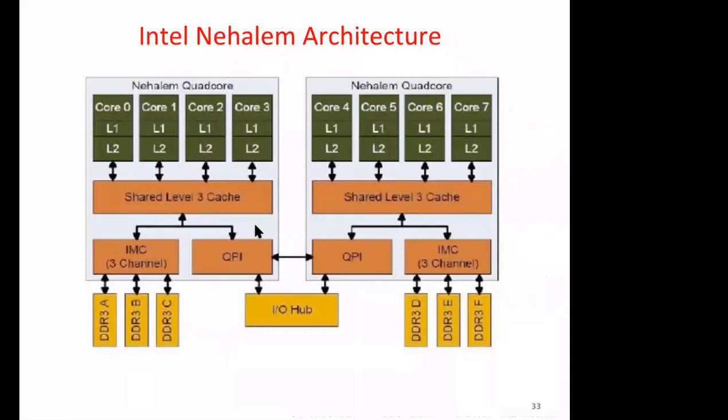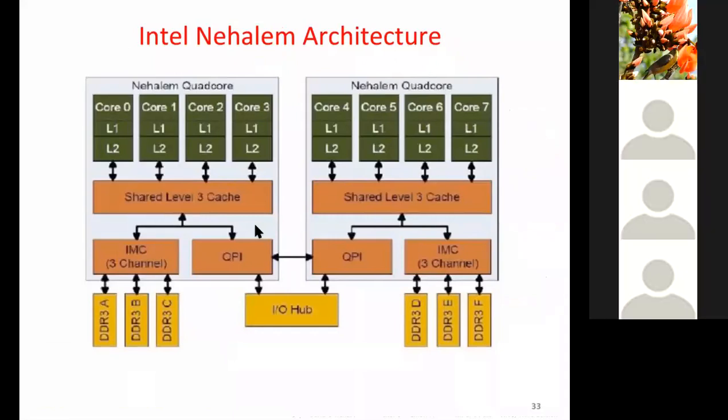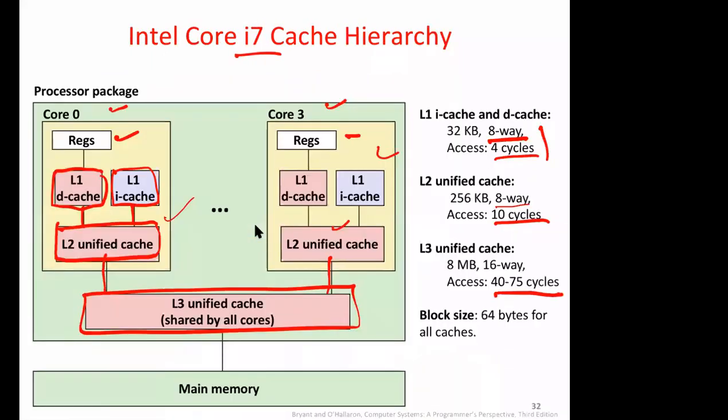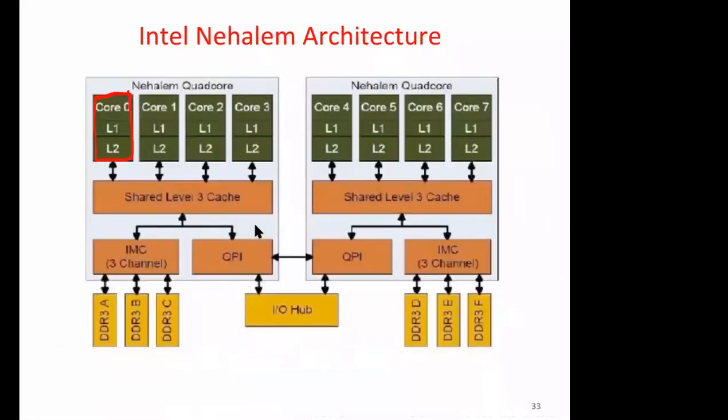This is another Intel architecture, and we can see that L1 and L2 are associated with one core. Each core has one L1 and L2, so it's consistent, and L3 is a shared cache here.